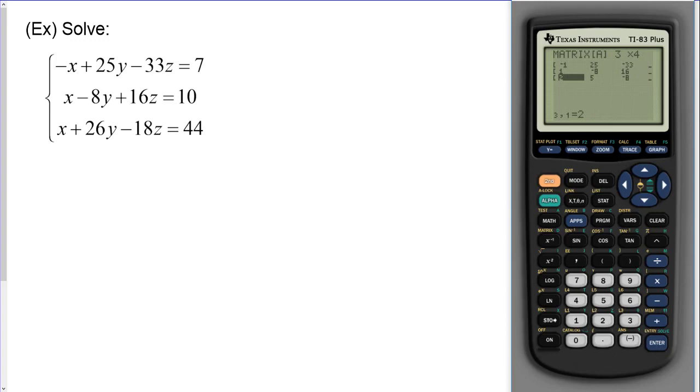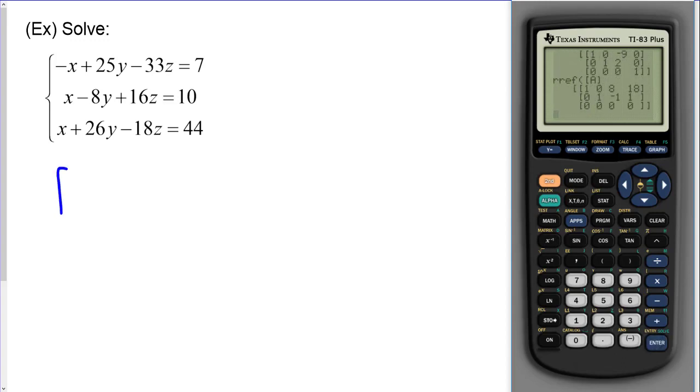And the last equation, which is x plus 26y minus 18z equals 44, would be 1, 26, negative 18, and 44. When I go to solve this, I'll quit out of the matrix editor, second matrix, and then find the function RREF. And I want to perform that on matrix A.